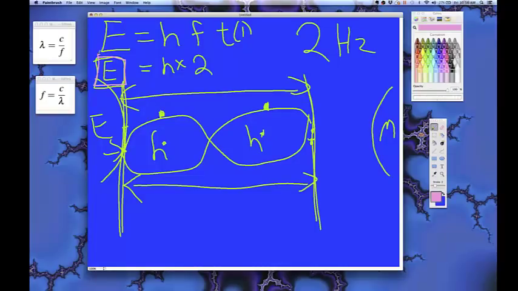Because if a photon travels, let's say this is the same photon, so here's 1 photon, and after a certain time interval it's over here, okay, it's 1 photon oscillating twice in this time interval, and so I put 2 into here, and I still don't get the energy of 1 photon.